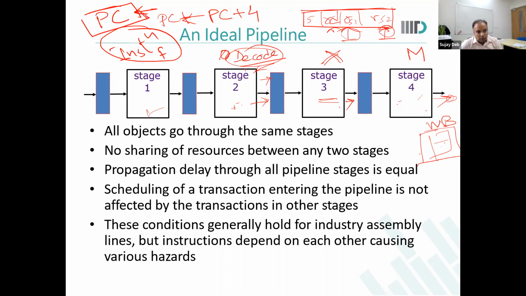Similarly, if it is a compare instruction, where do things get updated? If time permits, we'll go into that. But broadly, we have divided the task of executing one instruction into 5 stages, namely instruction fetch, decode, execute, memory, and write back. All right.